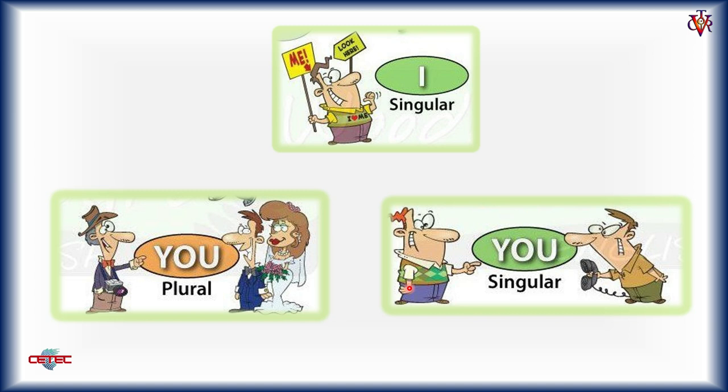Or you can use you when you're talking face to face to another person, or when you are with one by one. It depends on the occasion, but in both forms you can use the word you, singular and plural.